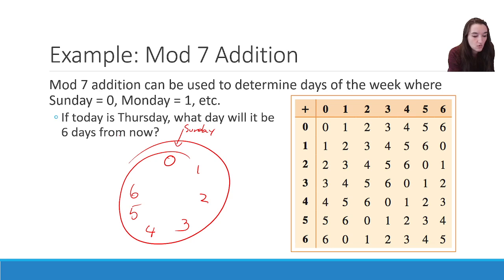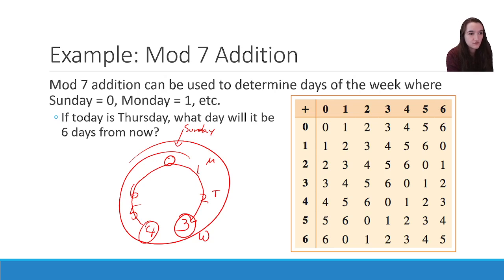So if I want to start on Thursday, so Sunday, Monday, Tuesday, Wednesday, Thursday, this is where I'm starting, and I want to know what happens 6 days from now. I go 1, 2, 3, 4, 5, 6, and I end on the third day. Well, what's the third day? Once again, Sunday, Monday, Tuesday, Wednesday.